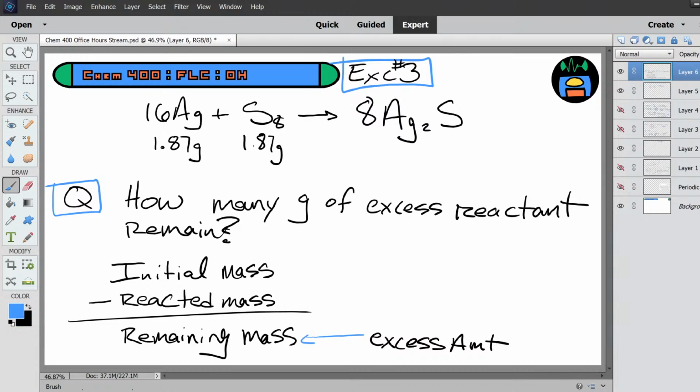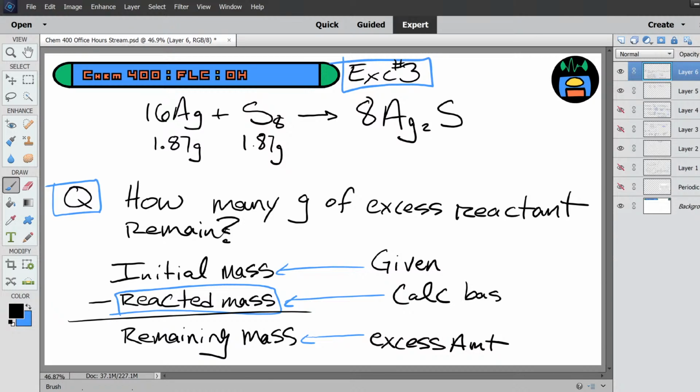Your initial mass in this problem was given. The reacted mass, you calculate this. You calculate it based on the limiting reactant.